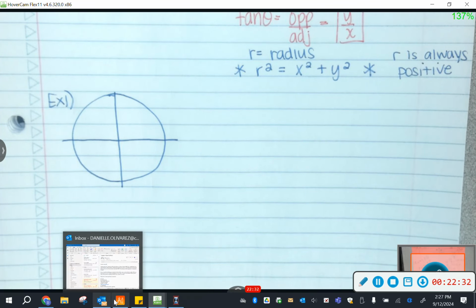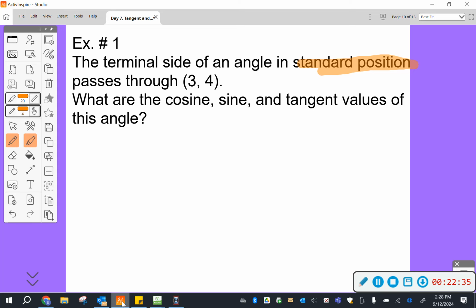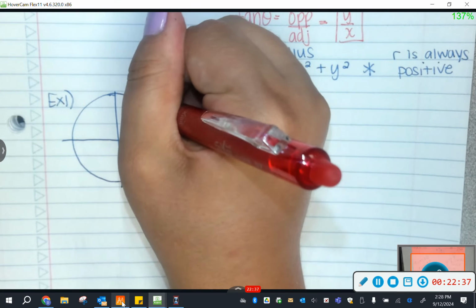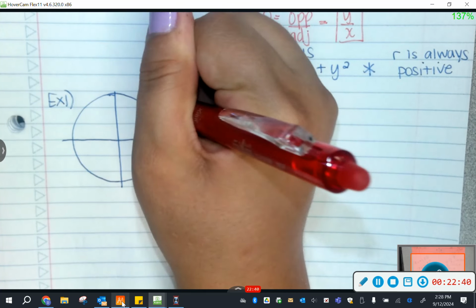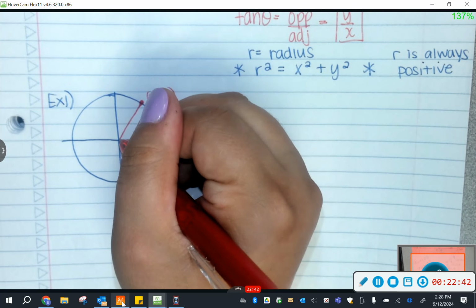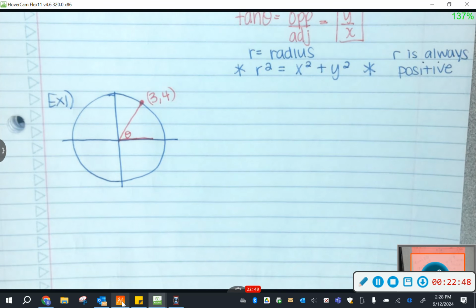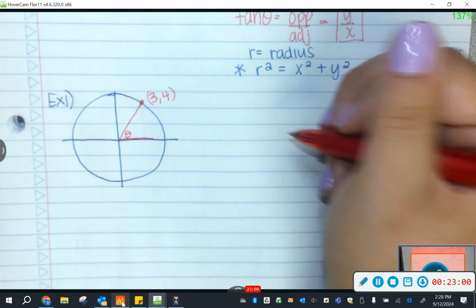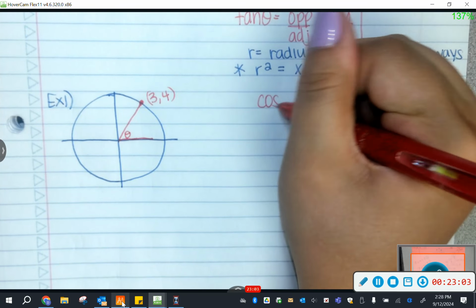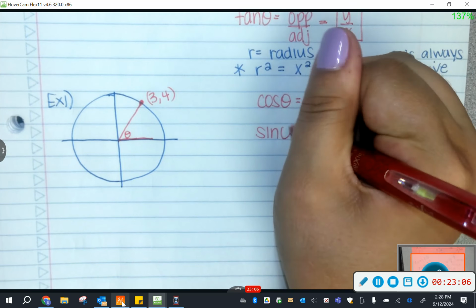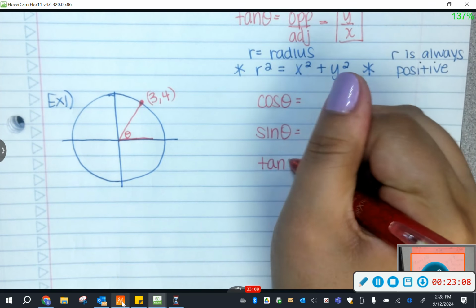So if it's in standard position and it passes through (3, 4), I can put a point, I'm just making up where it is, at (3, 4). And I know this is going to be my angle right here. That is what that is saying. How do I find the cosine of theta, sine of theta, and tangent of theta?